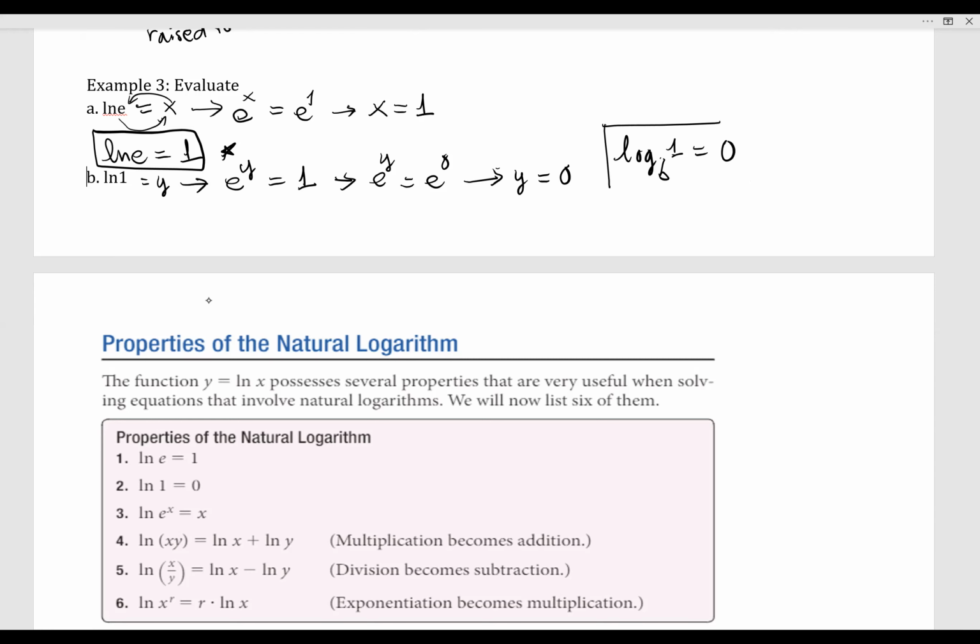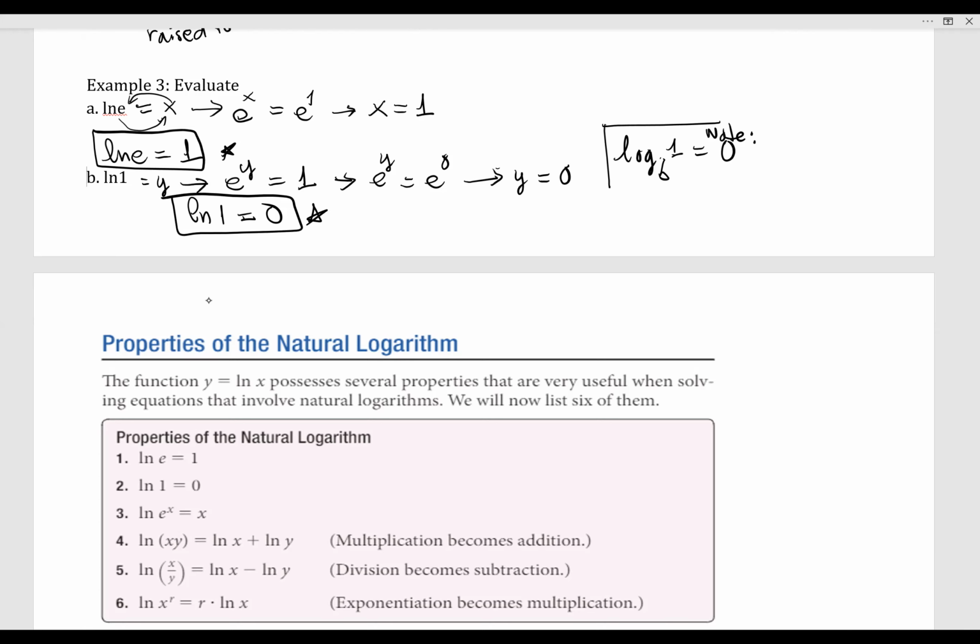Let me say yes, note. So I'm going to make a conclusion that ln of 1 will always equal 0, and this is also a property of the natural log that we will use for this section.